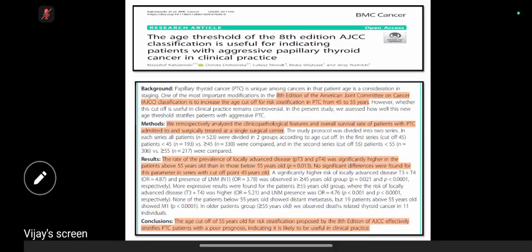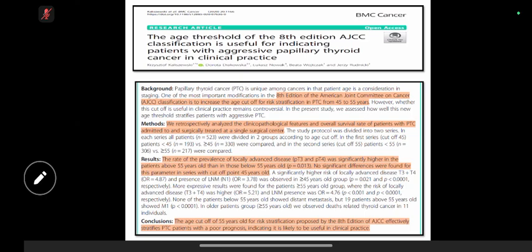In this article on the age threshold of the 8th edition AJCC classification, the basic motive was that the 8th edition of AJCC has decided to increase the cutoff age for risk stratification in papillary thyroid carcinoma from 45 to 55 years.